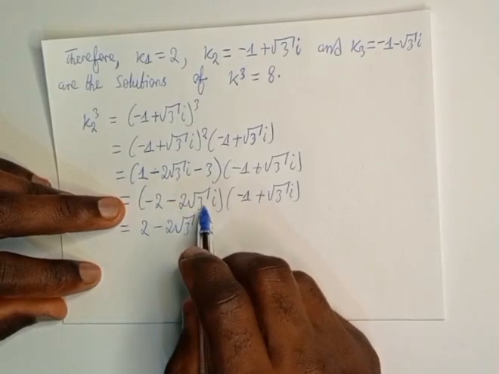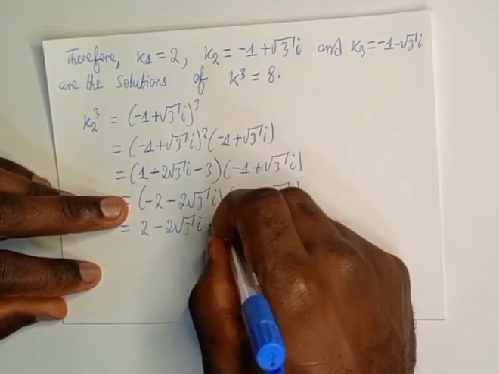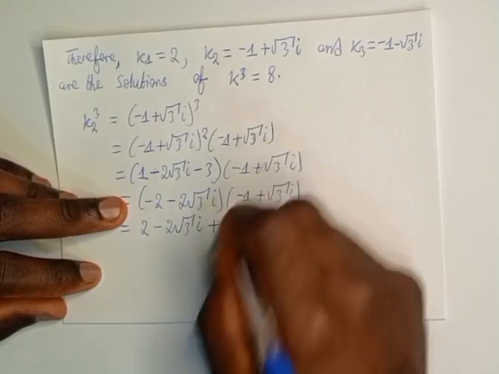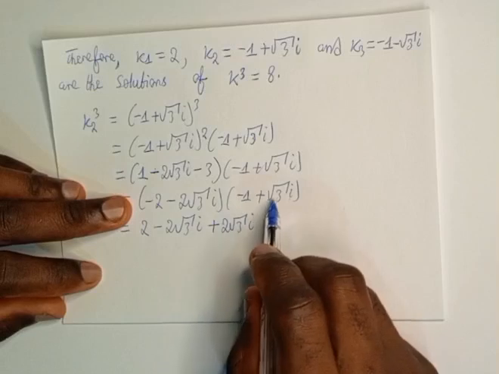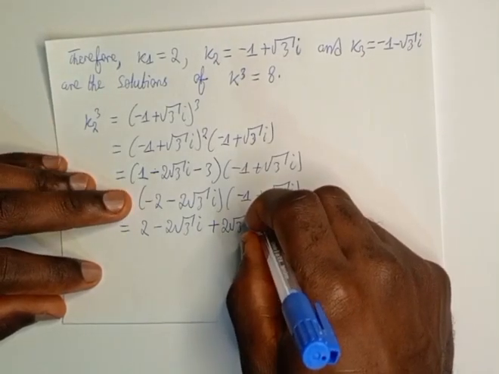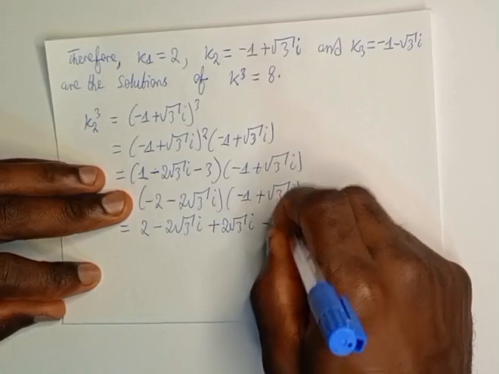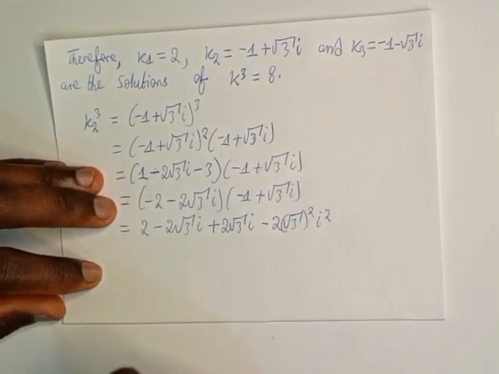Negative 2 root 3i times negative 1 gives us plus 2 root 3i. Negative 2 root 3i times root 3i gives us negative 2 times root 3 squared, i squared.